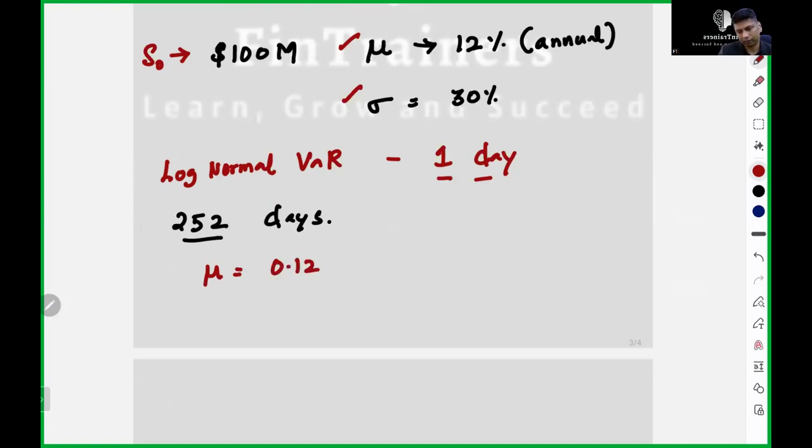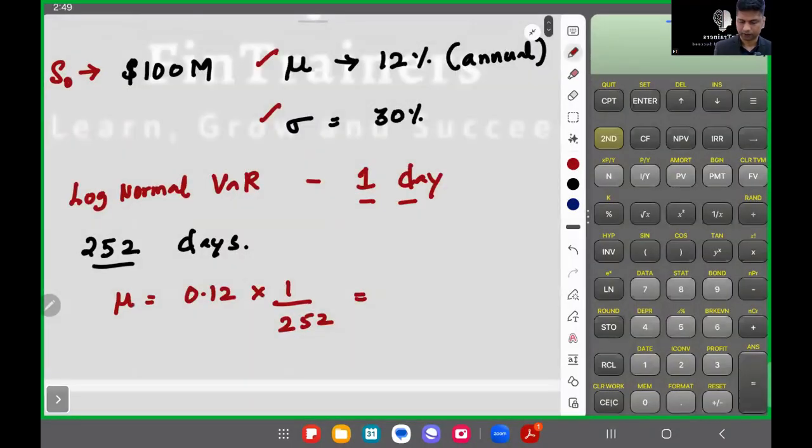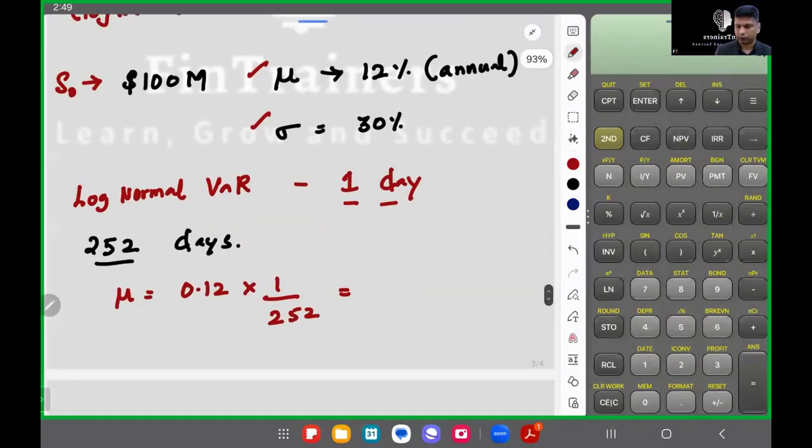For a day, it is going to be 1 by 252. So let's do that math. 0.12 divided by 252 gives me 0.000476. I'm going to store it in a memory slot.